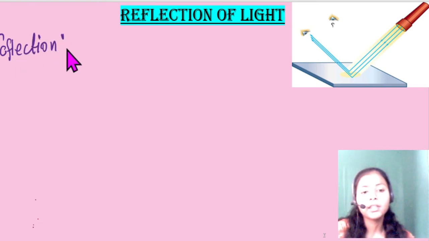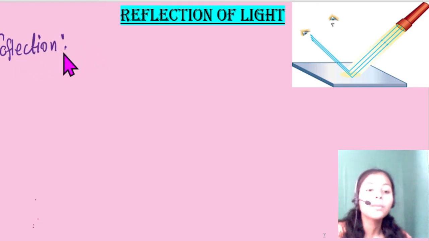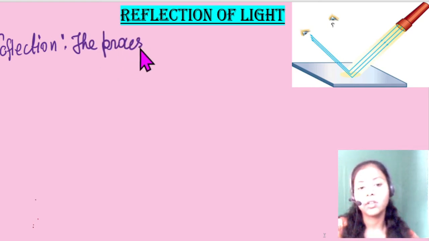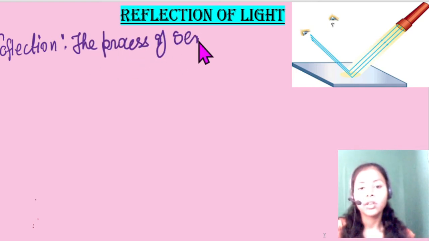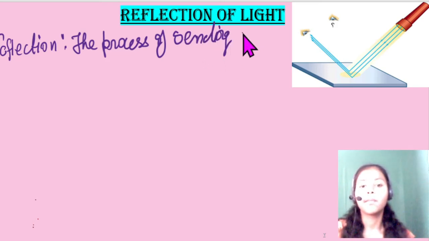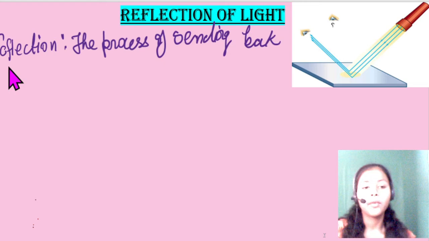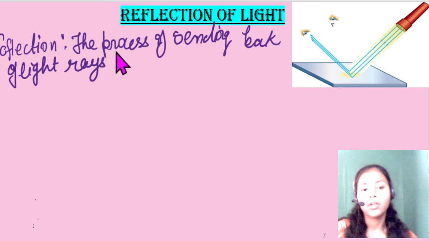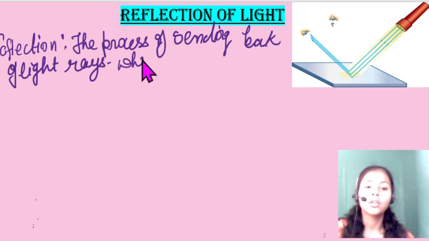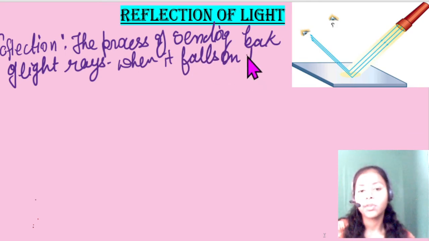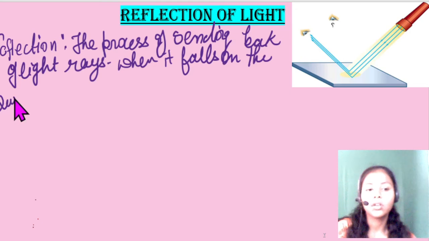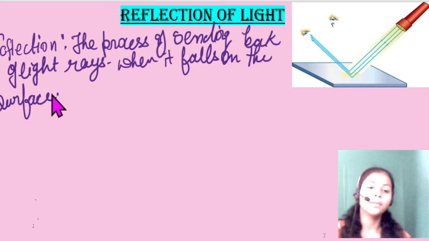Reflection basically means the process of sending back of light rays when they fall on a surface. What do you understand about reflection?